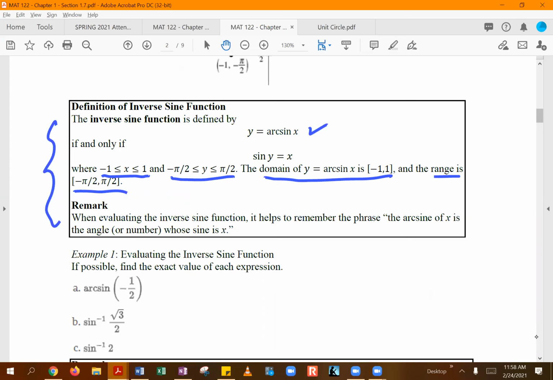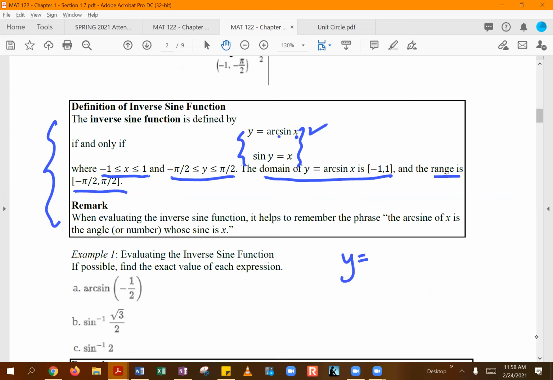Another thing I want you to pay attention to is how we rewrite the arc sine and the sine function. If I'm saying arc sine of x equals y, that is equivalent to saying sine of y equals x.